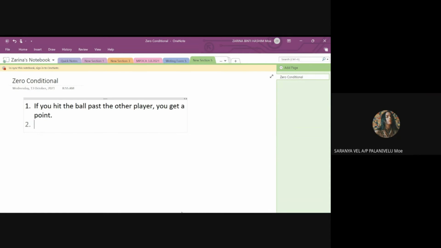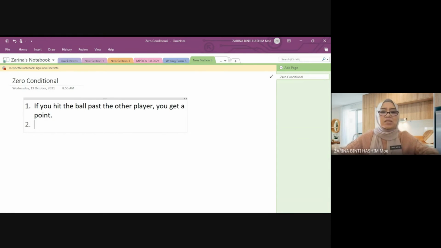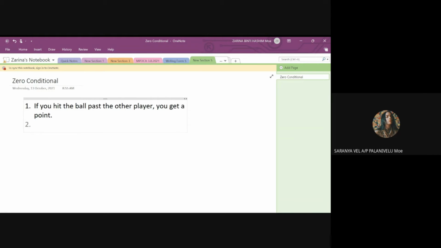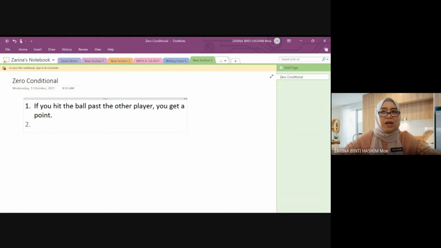Teacher, so we have to write the same sentence there, right? Or we have to write our own? If you want to start, yes, you have to write the same idea, but if you want to put the result first, you get a point if you hit the ball, this one also can.